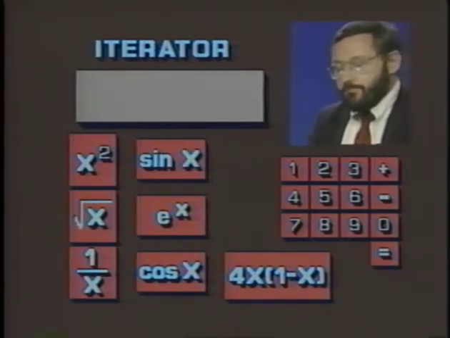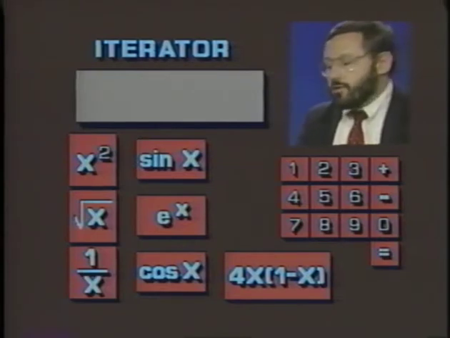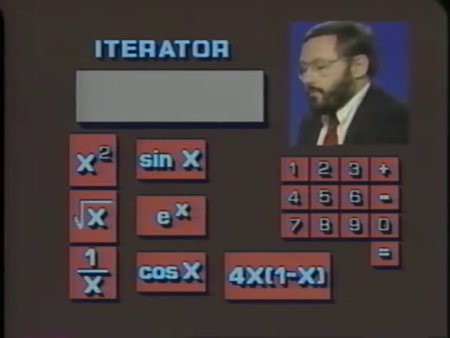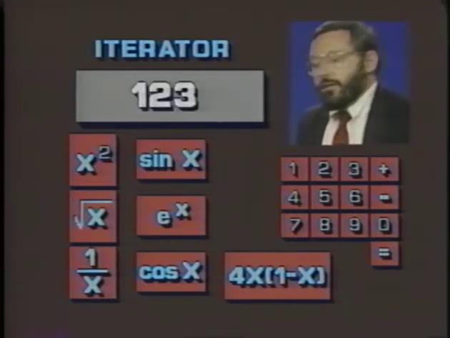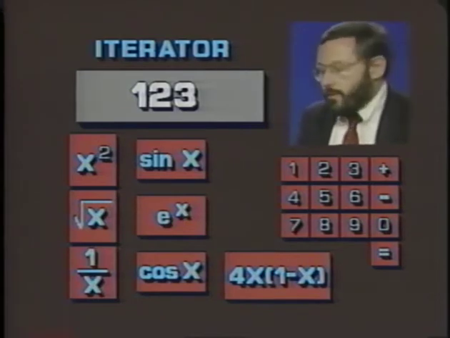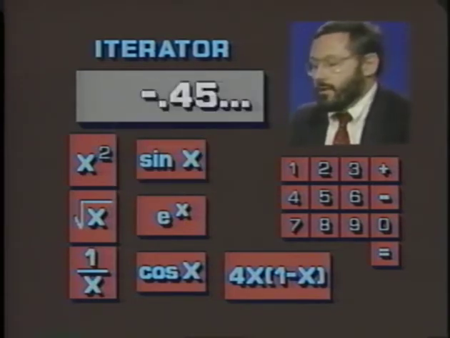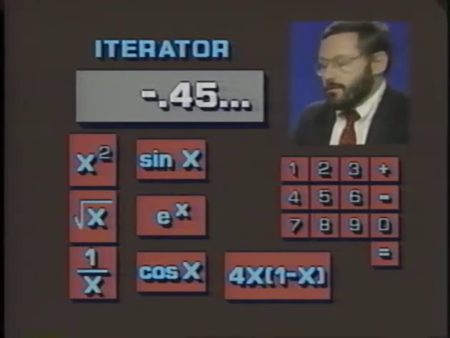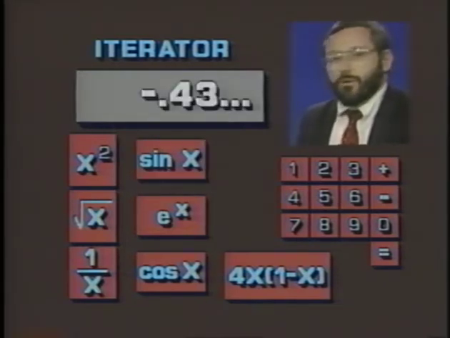Here's another one. Let's take the sine function, the trigonometric sine function. What happens when you iterate the sine function? Well, let's start with any number, say 123, and then iterate. The sine of 123 is minus 0.45 in radians. Sine of that is minus 0.43.